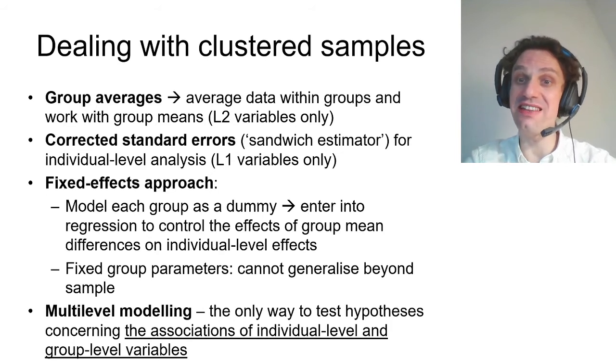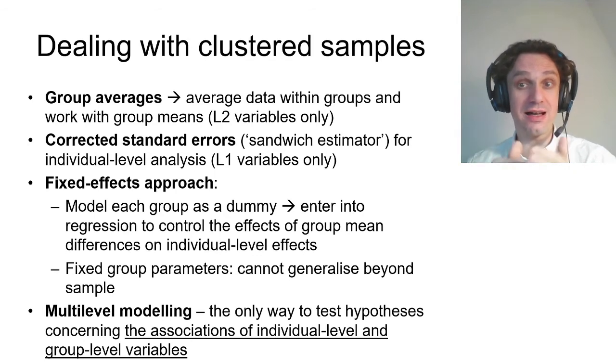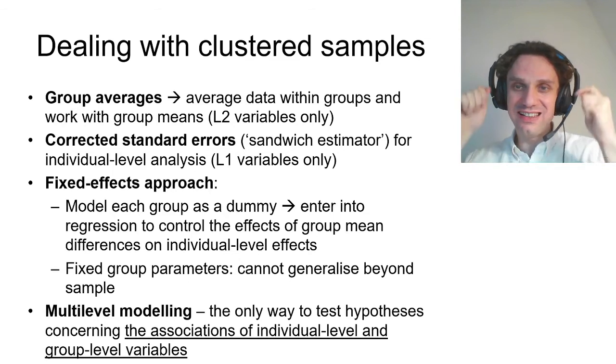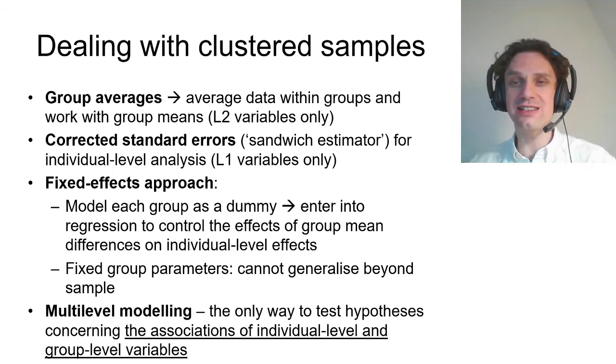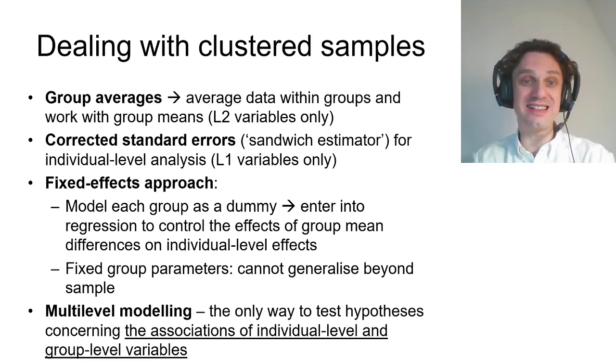If you are using a linear mixed model or hierarchical linear model, and you model this group as a random factor, then you treat those groups as a random sample from a population, and as a result you can generalize your findings to the general population that is not part of your sample. So if you want this, then fixed effects regression is not the best idea.